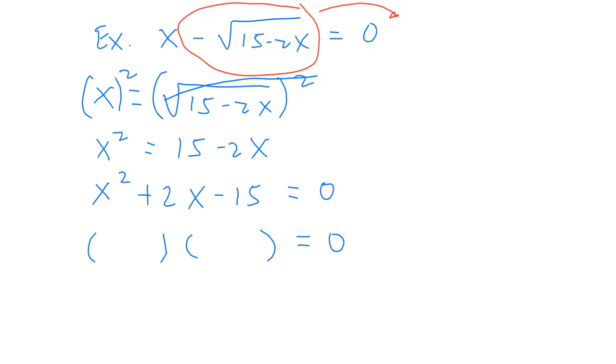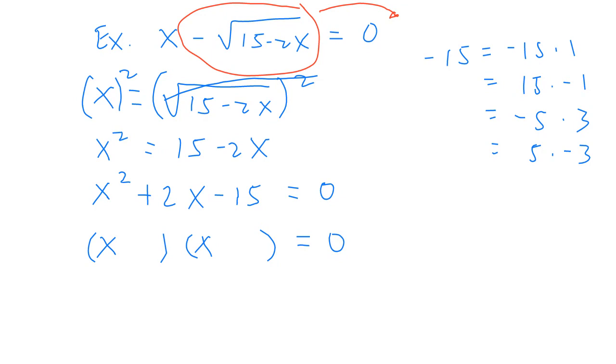So using the factors of x squared here, I put x here, and the factors of negative 15, that would be negative 15 times 1, 15 times negative 1, negative 5 times 3, and 5 times negative 3.